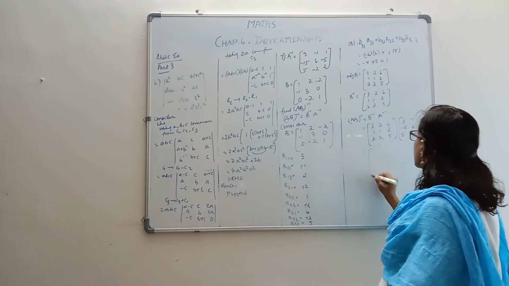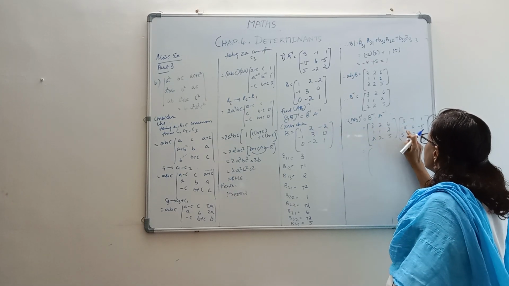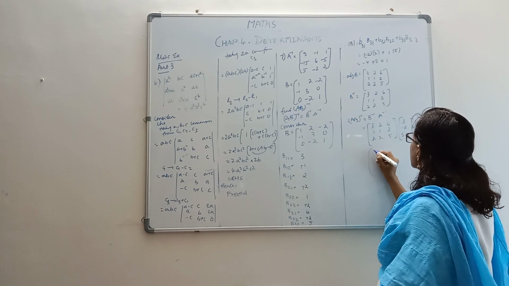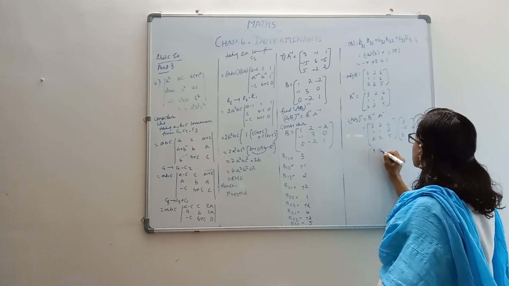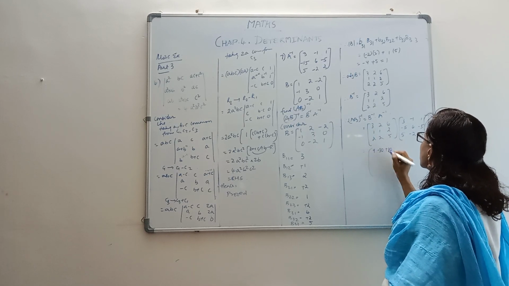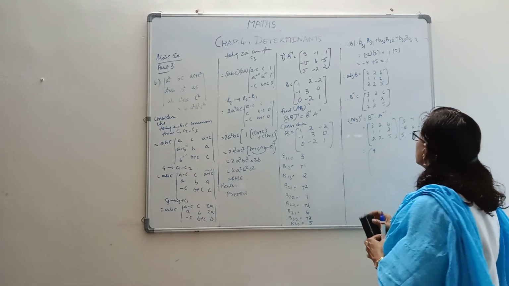Let's multiply this and get the answer. First entry, 3 3s are 9, 9 minus 30 plus 6 5s are 30. Okay, so that means it is coming to 9.